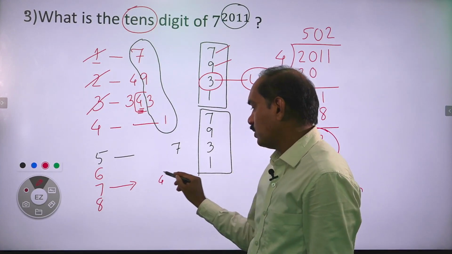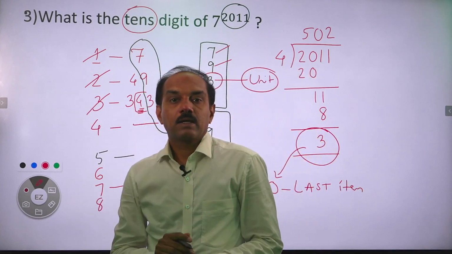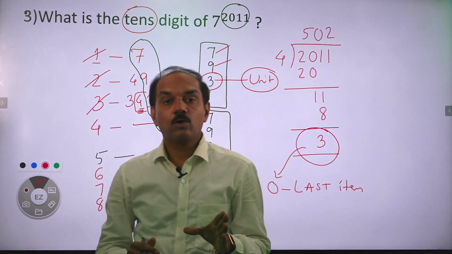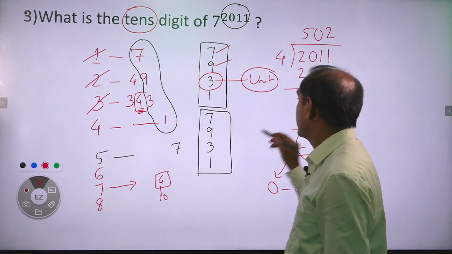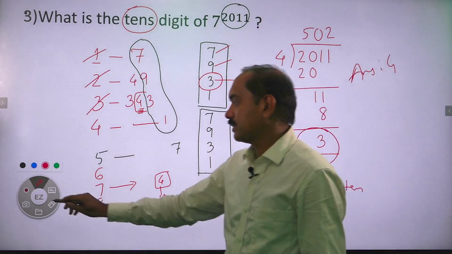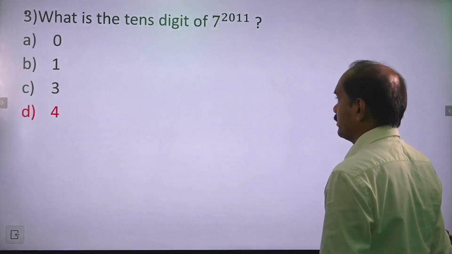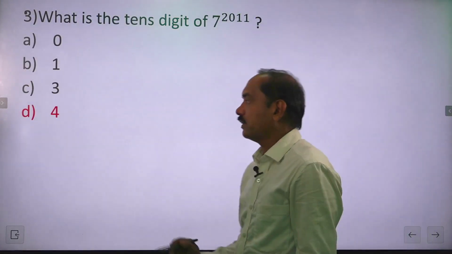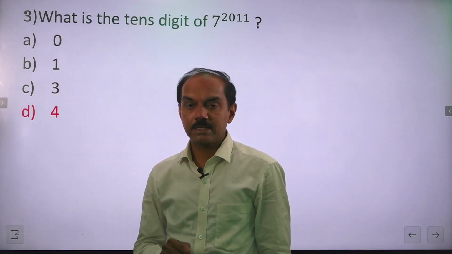Okay, so the 10th place is always 4 in any group, the third item, right? Therefore the final answer is 4. 4 is there in the 10th place. Okay, digit in the unit place 3, 10th place 4.